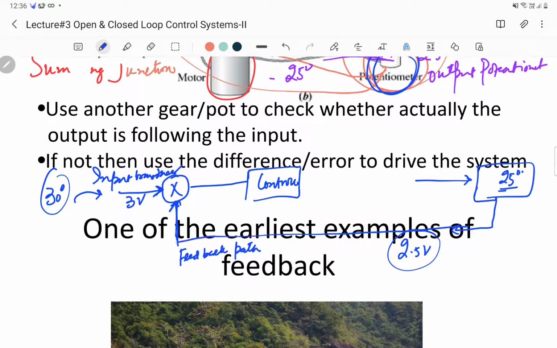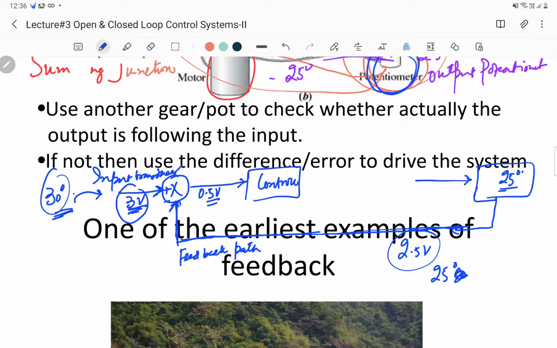So we are receiving a 2.5 volt signal on the other side which corresponds to 25 degrees, and a 3 volt signal from the input side which corresponds to 30 degrees. So an error of 3 volts minus 2.5 volts, which means 0.5 volts, is being generated.